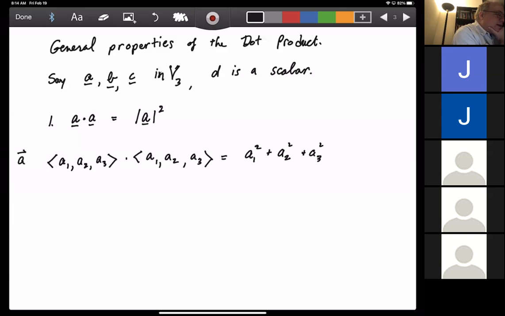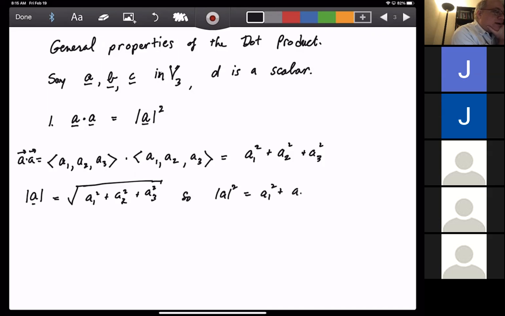That's A dot A. And the length of my vector A is the square root of the sum of the squares of the components. That's just the Pythagorean theorem, essentially. Notice that these two things are the same. Just by directly calculating what these symbols mean, we see that the dot product of a vector with itself is the square of the length of the vector.